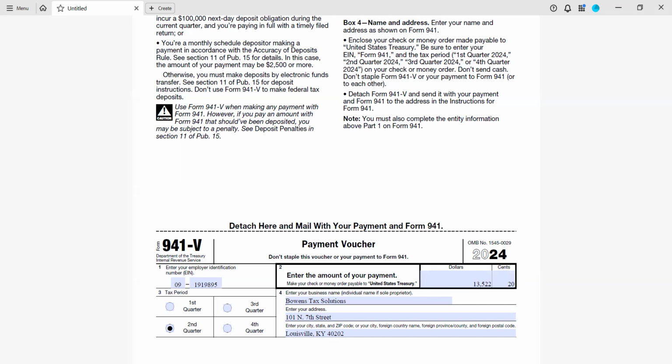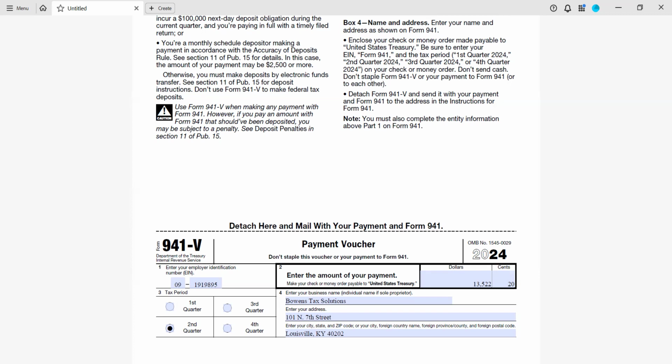All right. Now, just like the payments, I highly recommend that you send this in with an electronic method. So there are different companies out there that allow you to do that. However, if you are mailing this without a payment, there are different addresses that you can send it to, and then there's a different address that you send it to with a payment.